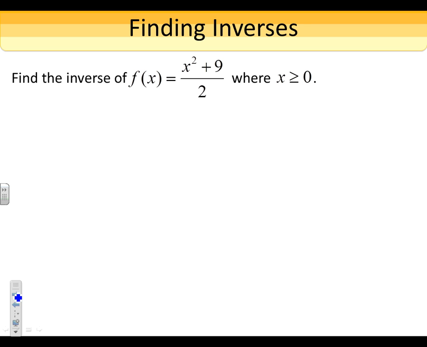So I'm going to rewrite this. We know that f of x is interchangeable with y. This f of x denotes my y output. So we know that in inverses, my y values and my x values are going to be flip-flopped.